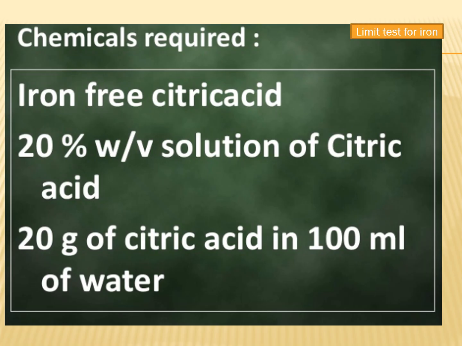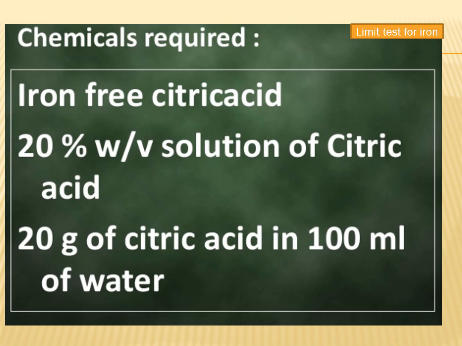Next, the various chemicals that we use for the limit test of iron. The first is iron-free citric acid. The reason citric acid is used is to prevent the interference of any other metal cation with this complex and also with the various reagents.